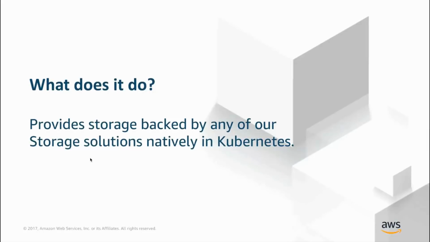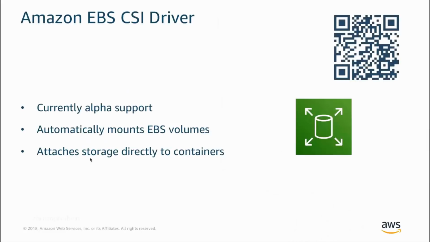It's a specification that allows storage providers such as AWS the ability to develop a plugin and have it work across any container orchestration platform. So for this conversation, this means we can provide a native experience for using EBS, EFS, and FSX with your EKS clusters. So the first one we'll talk about is the EBS CSI driver.